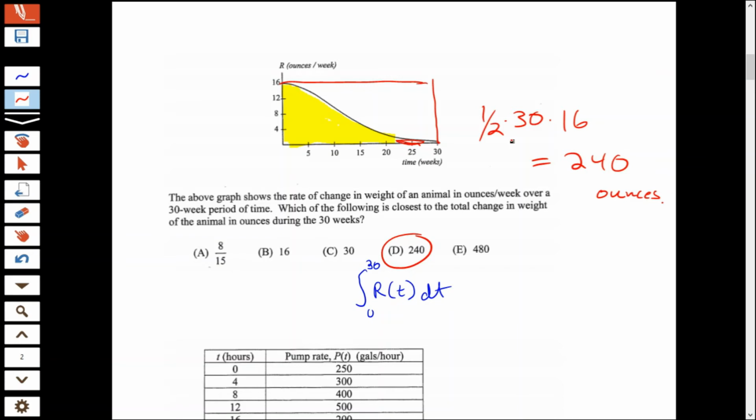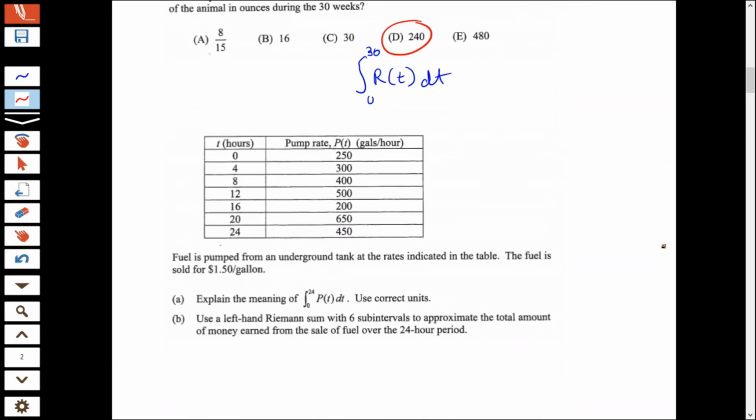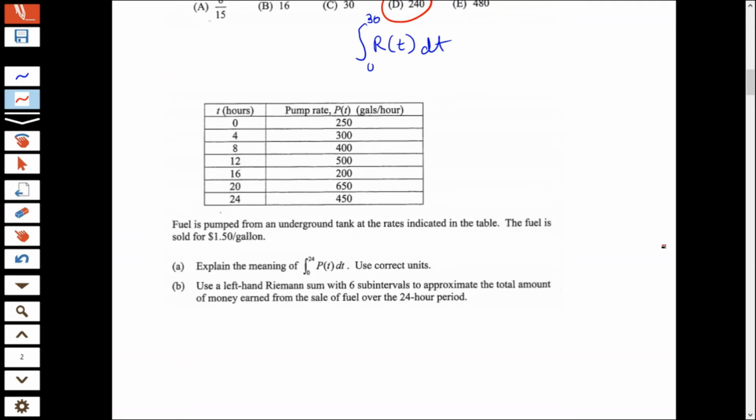Okay? And then finally down here, this is a chart type problem. Instead of giving you a function or graph, they gave you a table of values. It says fuel is pumped from an underground tank at the rates indicated in the table. Fuel is sold for $1.50 a gallon. Explain the meaning of the integral from 0 to 24 of p of t dt.